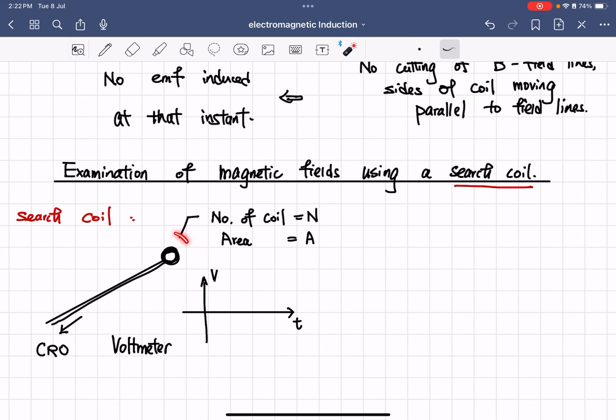But we have already learned from Faraday's law that if there is a change in magnetic flux linkage detected by this coil, then there should be an EMF induced.